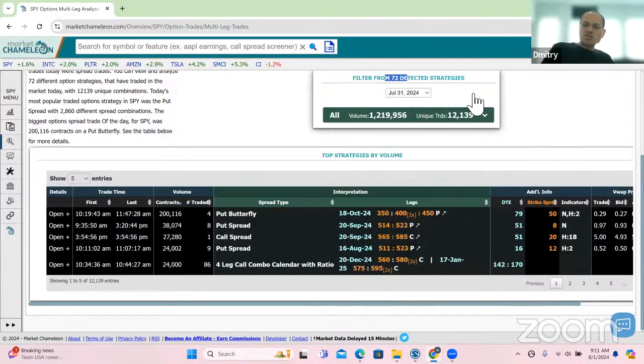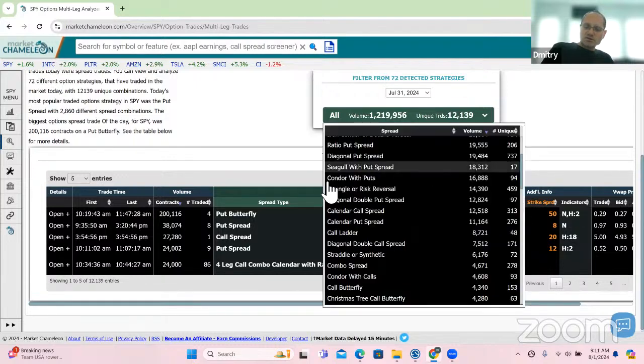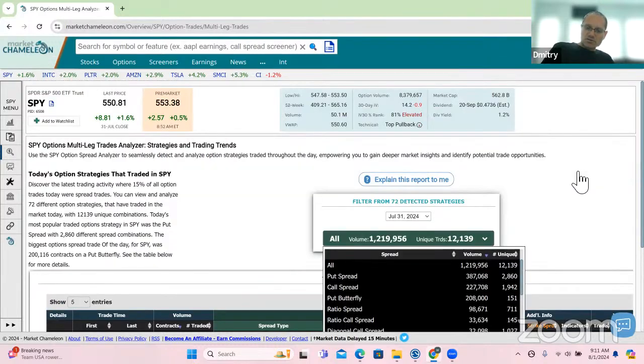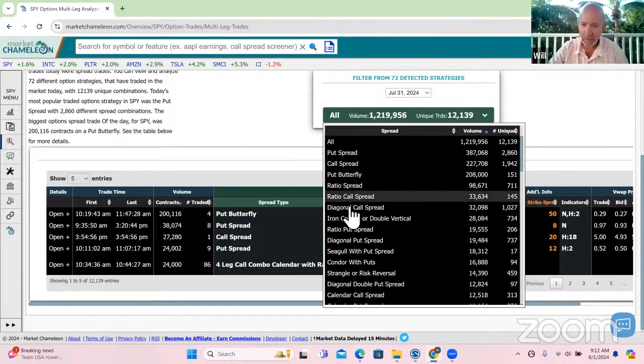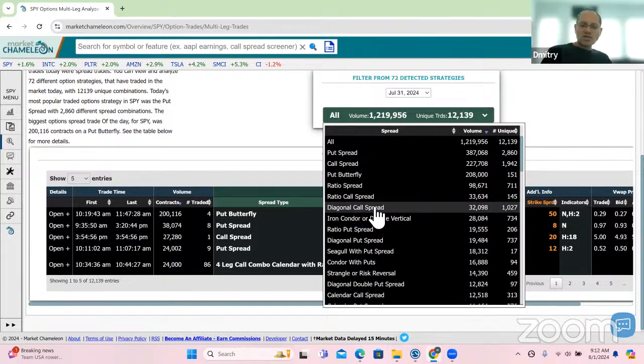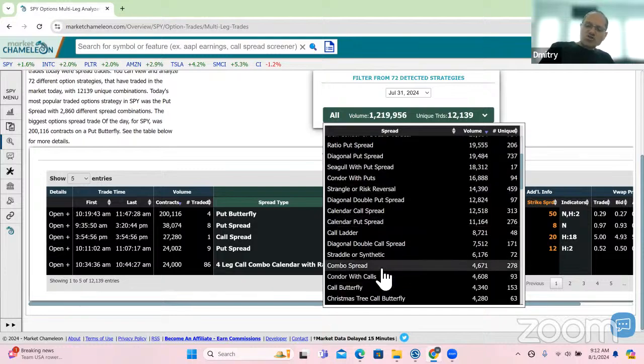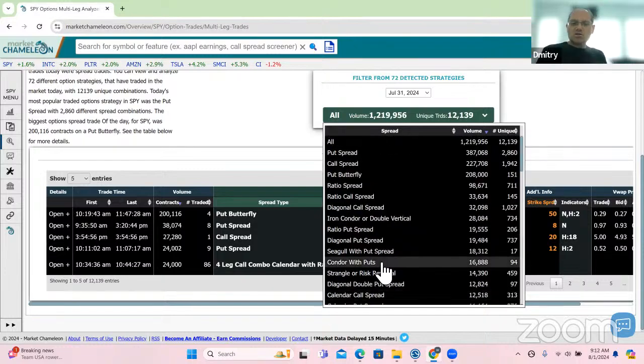So strategy itself, right? It could be a put spread, a call spread, a put butterfly, a ratio call spread. There is a seagull with a put spread over here, and all these are different types of strategies.